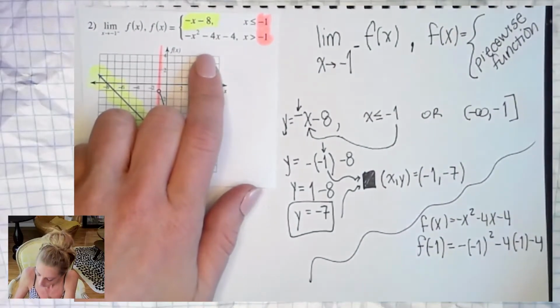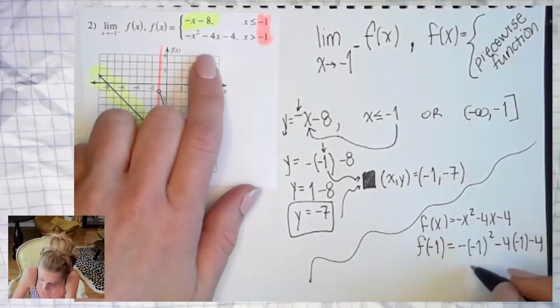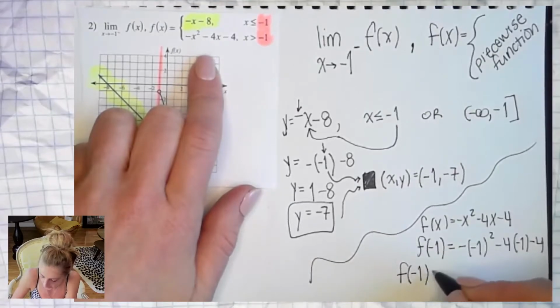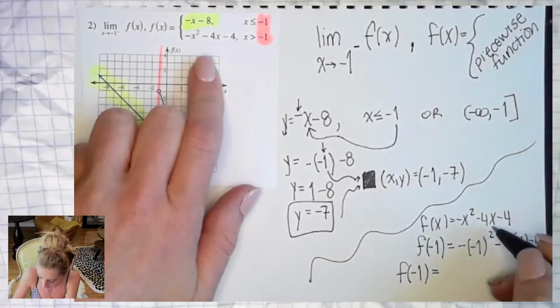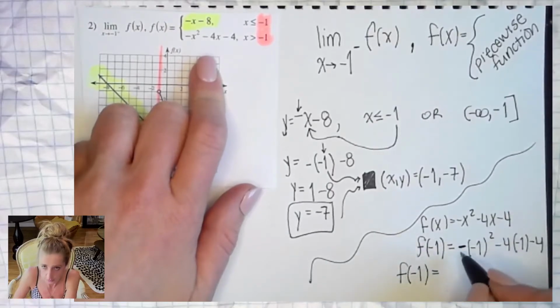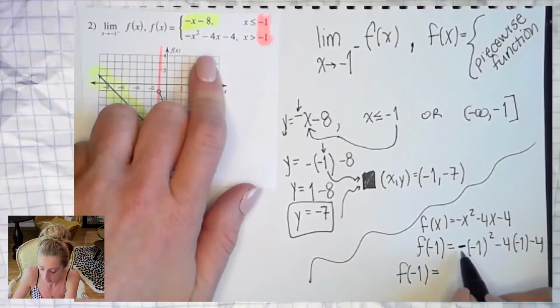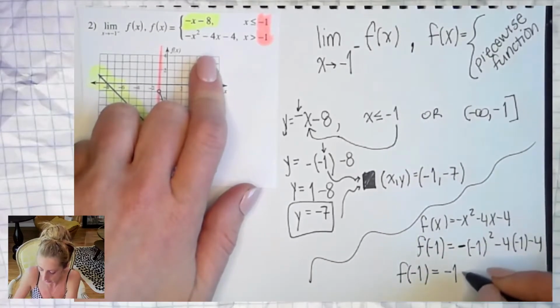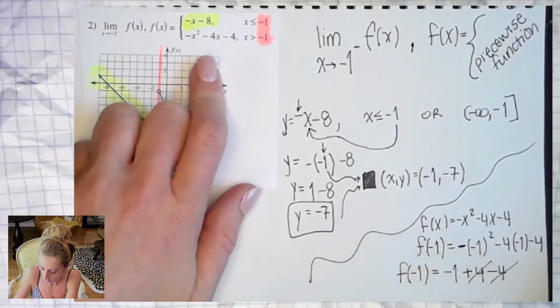Then just be careful with PEMDAS, the order of operations, okay? f of -1 equals: exponents first, (-1) squared is +1, and then times this negative, because that's really times -1 out front, is -1. Then -4 times -1 becomes +4, minus 4, adios, those are gone.